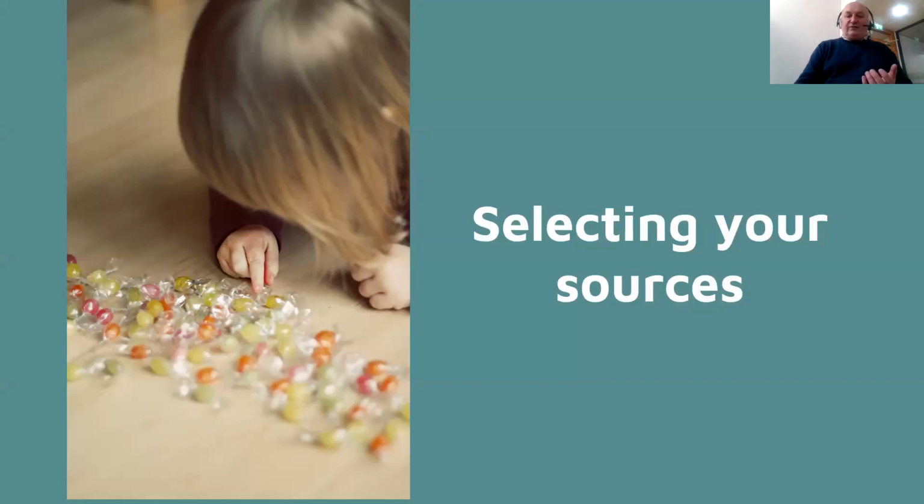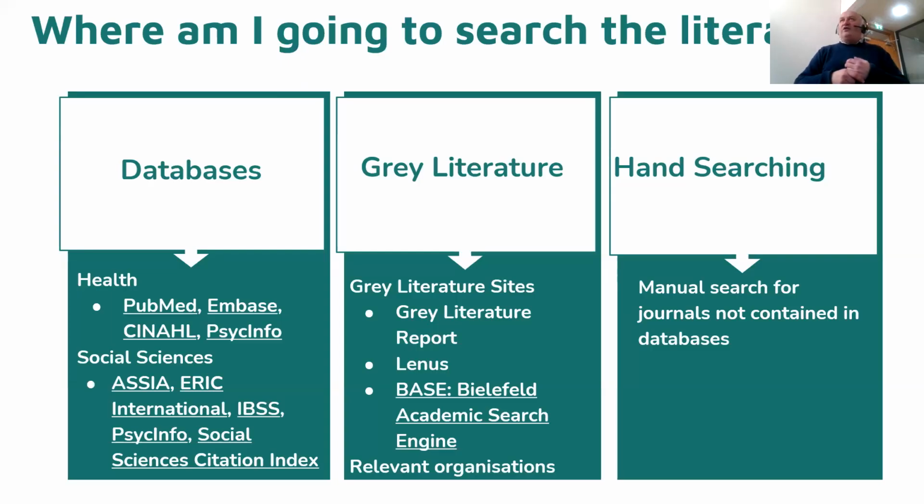Selecting your sources. So where are you going to start searching? We talked about this briefly when we had our word cloud, where to start looking for information. It's really important that you identify the appropriate databases for your subject. Don't get comfortable in just one subject area. Always think, are there any other disciplines that are relevant for your question?